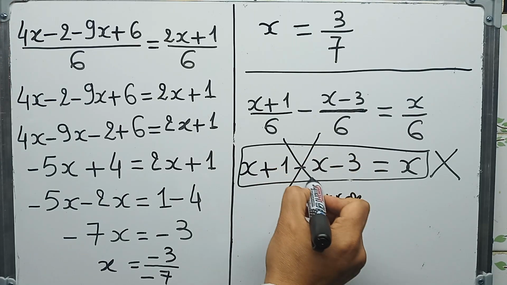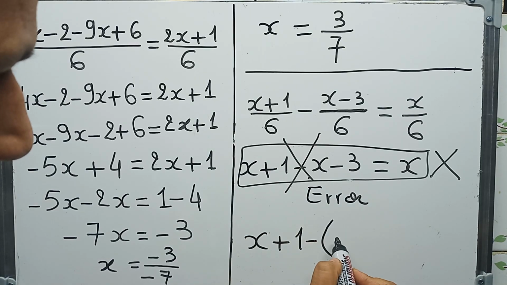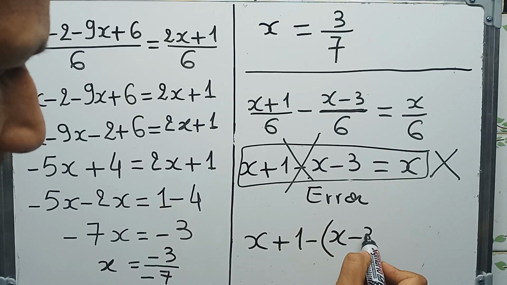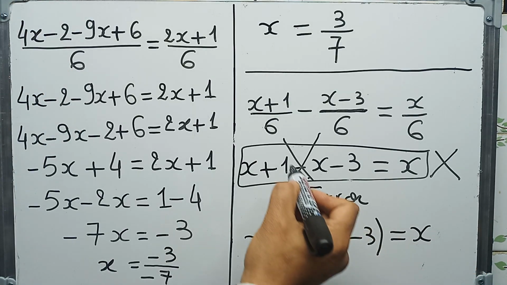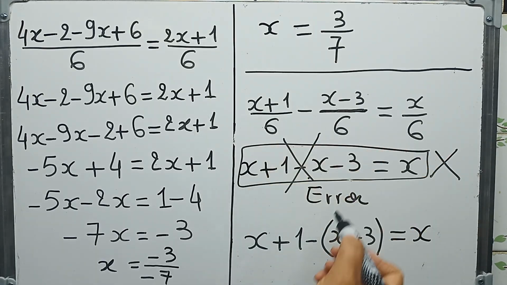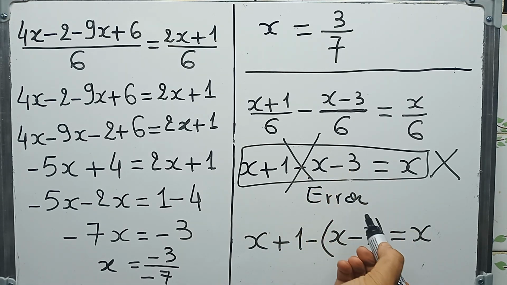What we will do, the right thing to do, is like this: x plus 1 minus, and you add the bracket here. So now it's good. Considering the 6, the denominator gives you the right equation, and you continue like this. But like this, it's an error. You have forgotten the brackets, which makes the error. And this concludes the work for today.